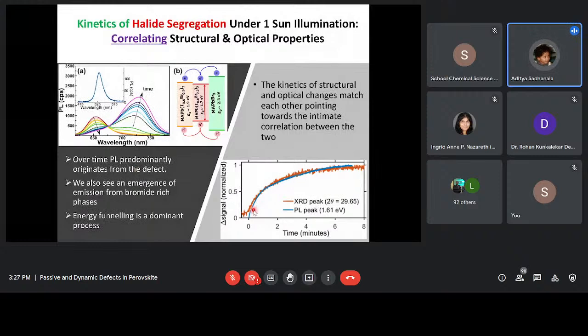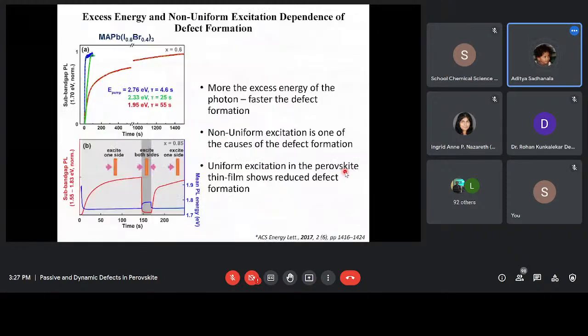When you compare the same with the XRD peak, even when you measure XRD at around 2 theta equal to 29.65 for this perovskite, you see that the XRD peak also shifts, and that shift is also stabilizing at the same pace as which the PL is increasing and stabilizing. This indicates that this PL shift is also coupled with a structural change in the perovskite. So there's something structural that is changing in the perovskite under solar illumination. They follow the same kinetics.